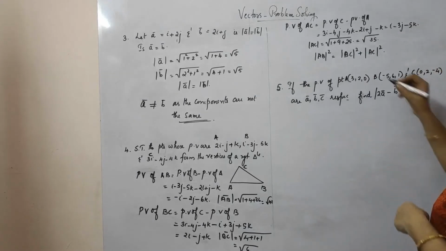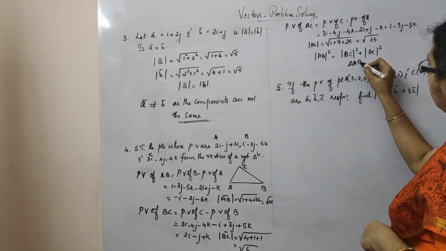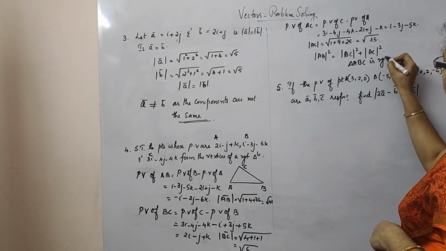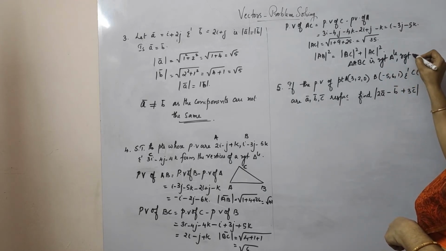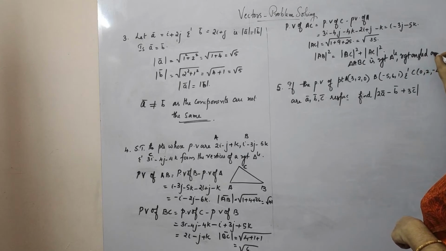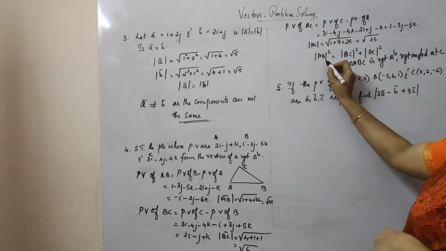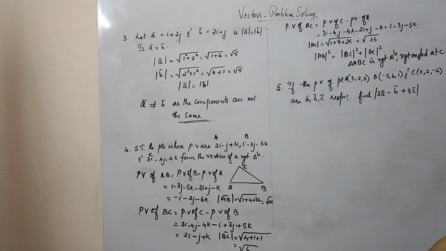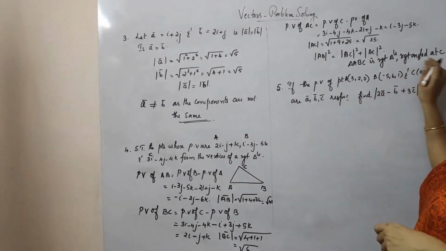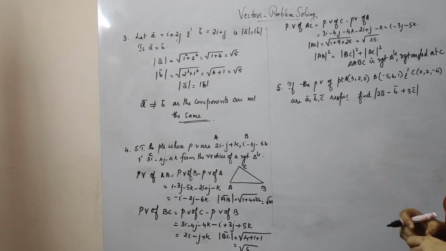This triangle ABC is right angled at C, because AB is the hypotenuse, so the side opposite to the 90 degrees is the hypotenuse, so right angled at C.